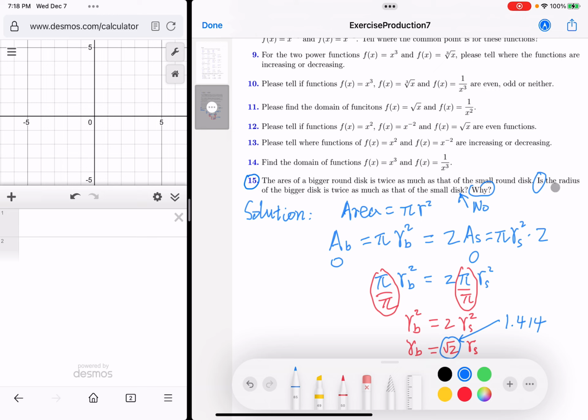So the answer is the radius of the big disk is not twice as much as that of the smaller disk. Actually, the radius of the big disk is 1.414 times as much as that of the smaller disk. Okay?